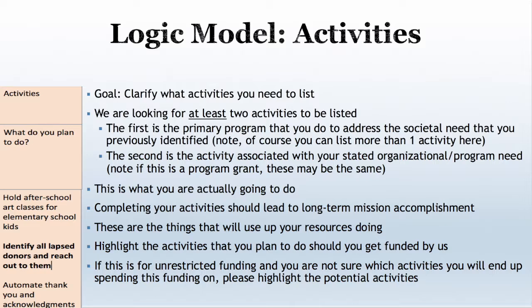If this is a program grant, we assume that your program activity is addressing your societal need or problem, so you may only need to list one activity in this case. In our example, our societal need activity is to hold after-school art classes for elementary school kids, and our activity that directly relates to our funding request is to identify all lapse donors and reach out to them.